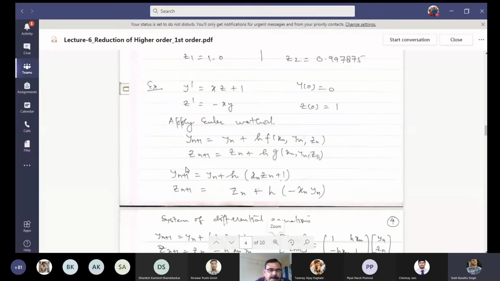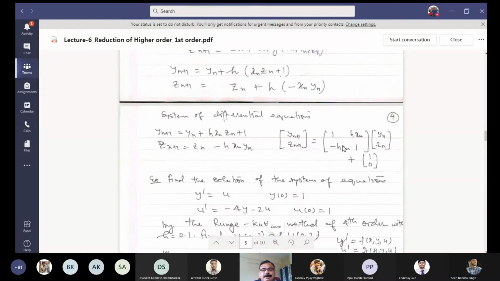Yes, sir. Here I have written it in vector form, because you cannot write every time yn plus 1 equal to yn plus hxn zn plus 1, and zn plus 1 equal to zn minus hxn yn.